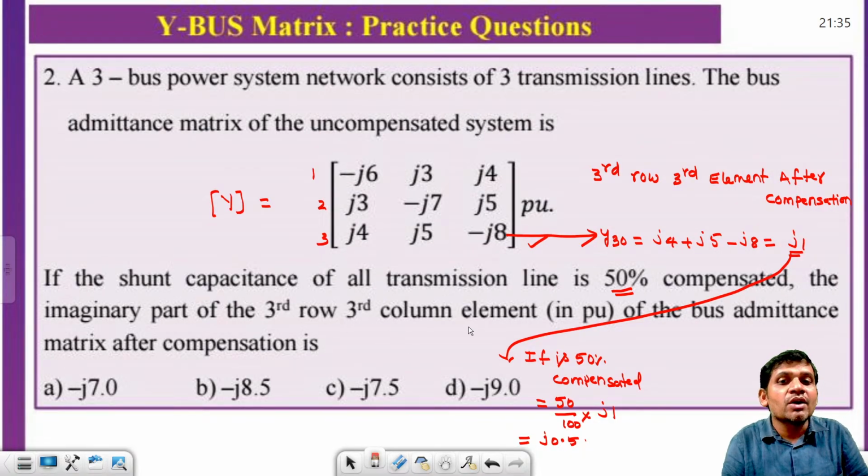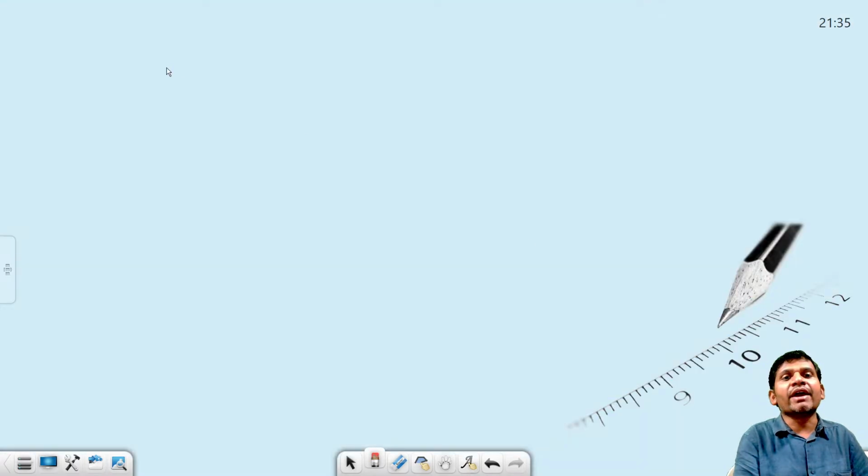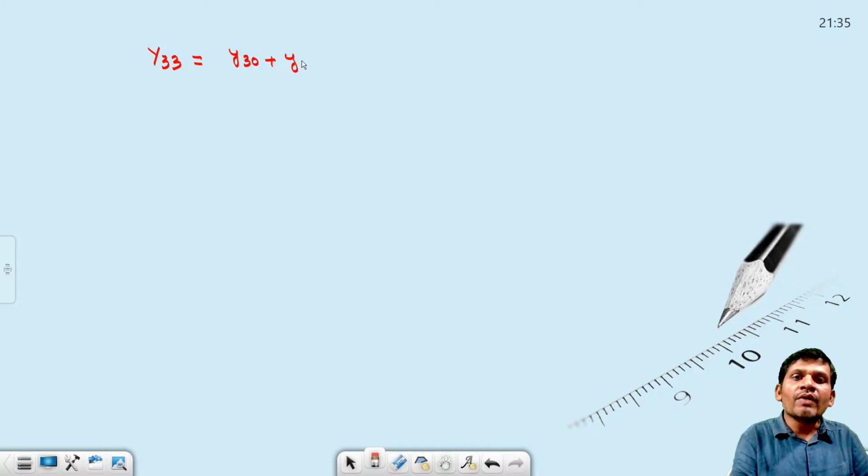How to calculate the third row, third column element? You have to calculate Y33. Third row, third column element is nothing but Y33. Can you write Y33 equal to Y30 plus Y31 plus Y32.